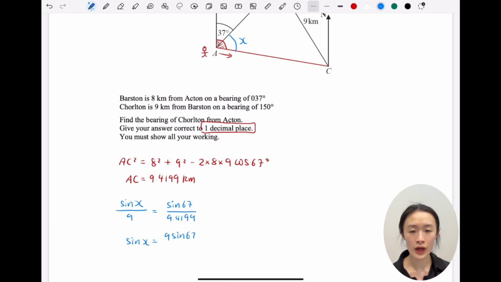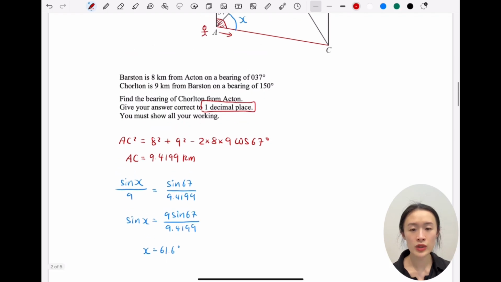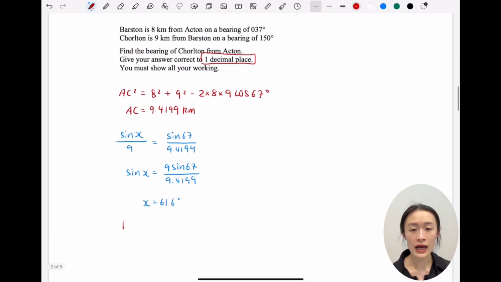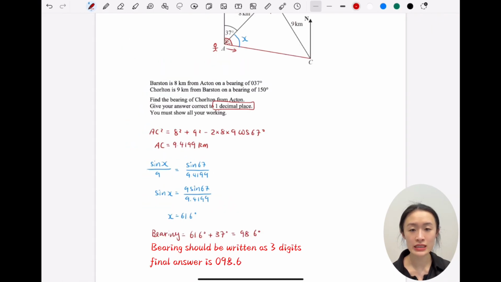By solving for x, we can work out that angle x is 61.6 degrees, rounded to one decimal place. Now, because we need to find the bearing from A to C, that means we always start from the north, and the bearing is 61.6 plus 37, and that gives us 98.6 degrees.